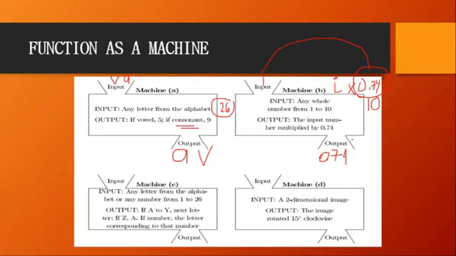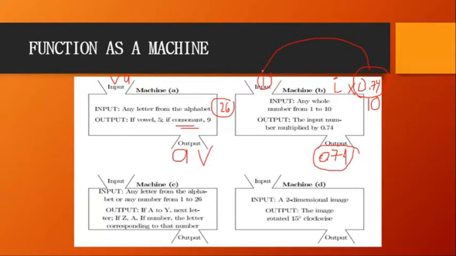Meron pa bang ibang sagot bukod sa 0.74? Wala na po. Hindi pwedeng lower than 0.74, hindi rin pwedeng higher than 0.74. Kasi minultiply lang naman natin siya sa 1. Ibig sabihin, yung machine B natin is also a function. Okay? Kasi meron tayong unique na output.